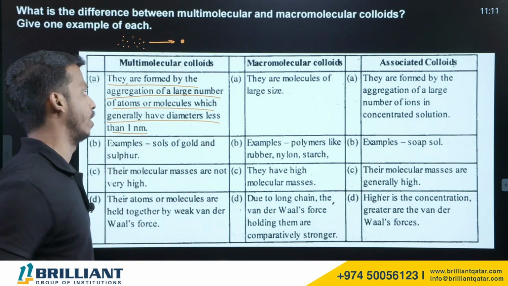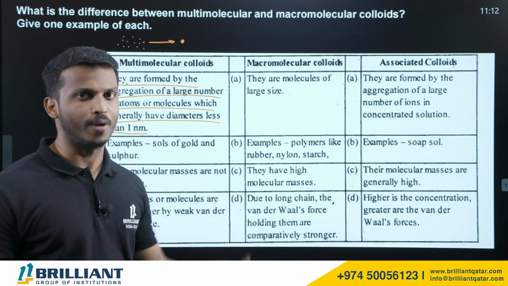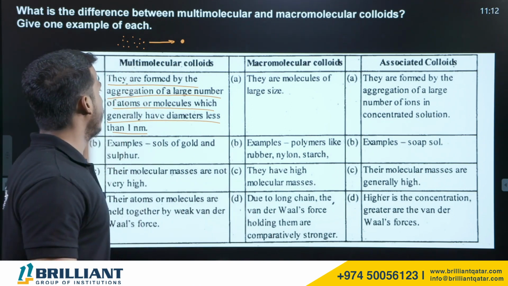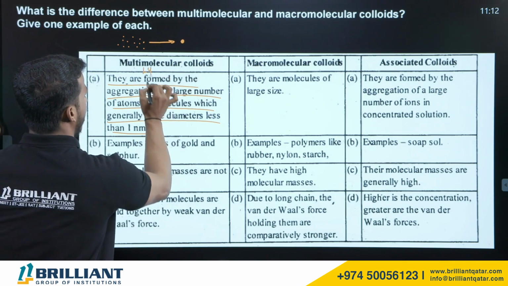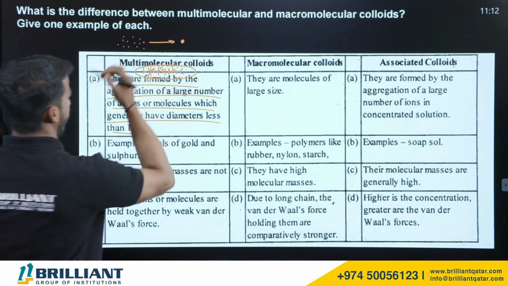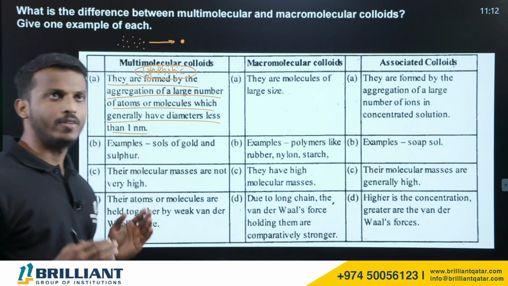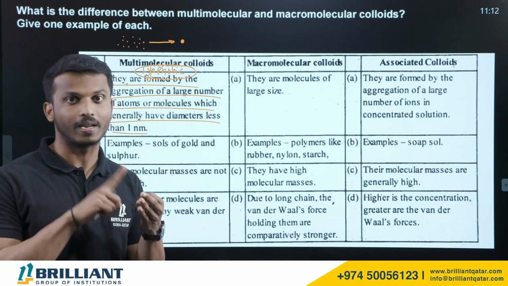So multimolecular, macromolecular. And one more thing, we studied lyophilic colloids and lyophobic colloids, right? Multimolecular colloids are lyophobic colloids. Keep in mind. What are the examples we studied for lyophobic, dear all? Metals, metal sulfide, metal hydroxide.